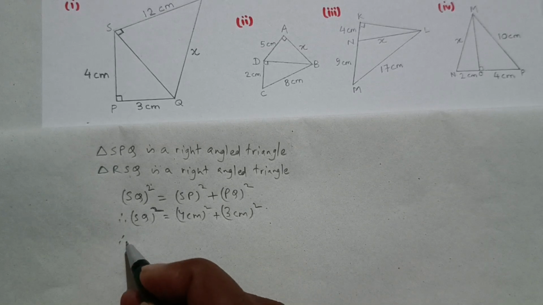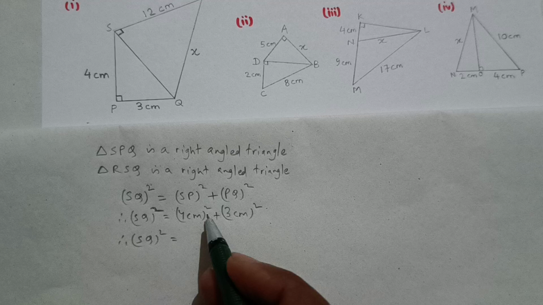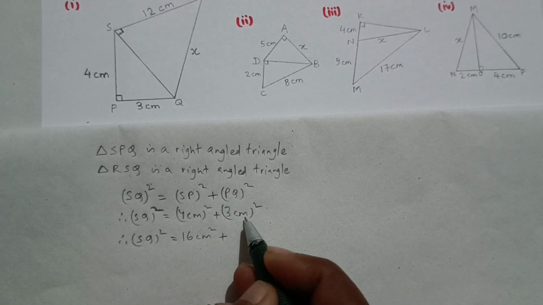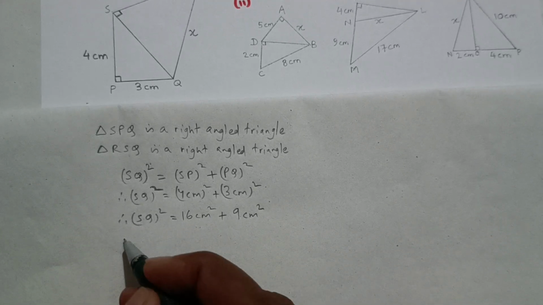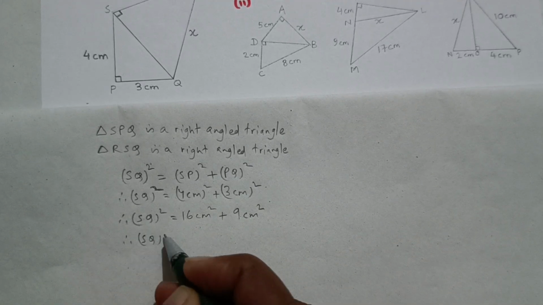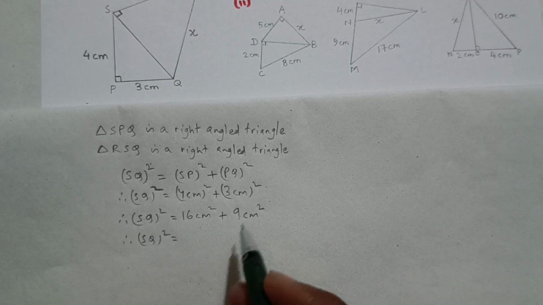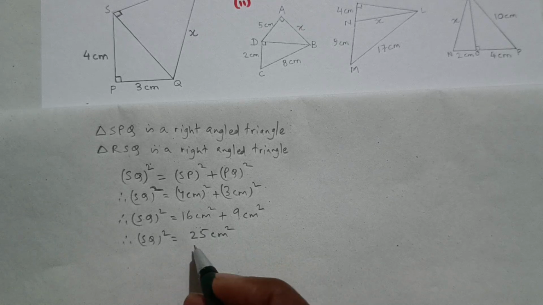Therefore SQ whole square is equal to 4 centimeter whole square, which is 16 centimeter square, plus 3 centimeter whole square, which is 9 centimeter square. 16 plus 9 is 25.